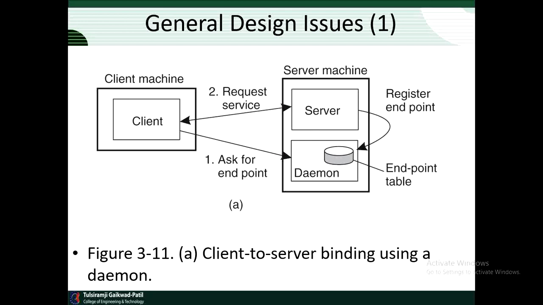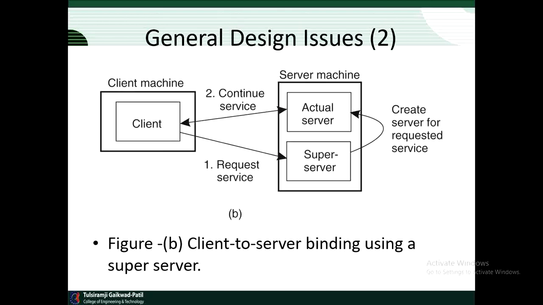Instead of having to keep track of so many passive processes, it is often more efficient to have a single super server listening to each endpoint associated with a specific service, which is given in figure B, where the client-to-server binding uses a super server.